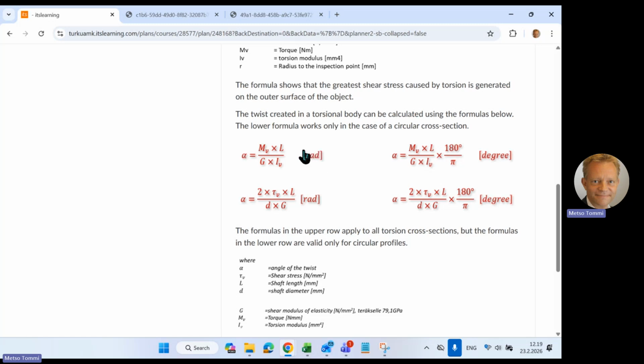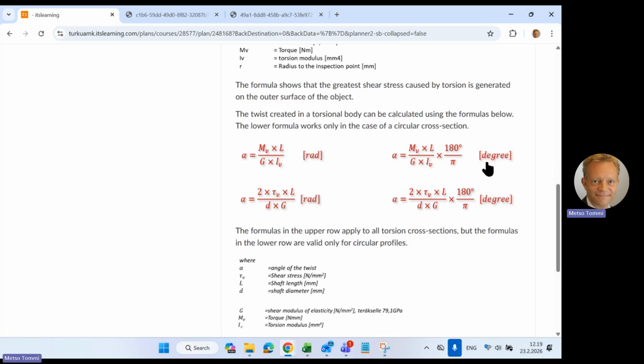And as you can see, the unit that comes from this formula is radian, and also in this formula the unit is radian. And I recommend always to use this formula, because then it can be used also for non-round cross section objects.